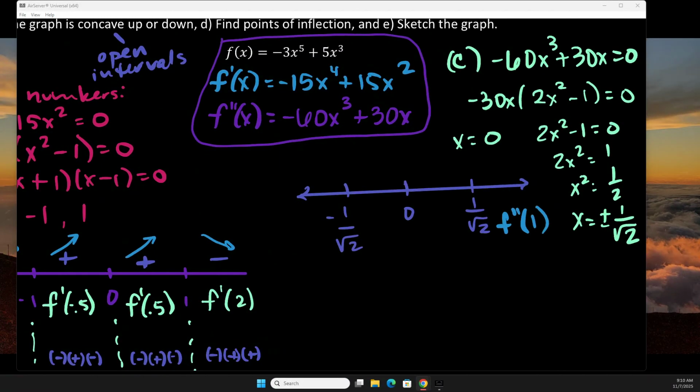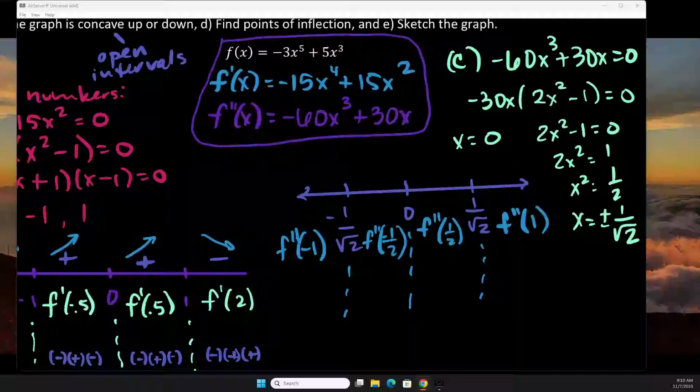So anything bigger, positive-wise, the denominator would be smaller. What about in between 0 and 1 over 1.4? Yeah, good. And then we'll just do the negative versions of those numbers over here.